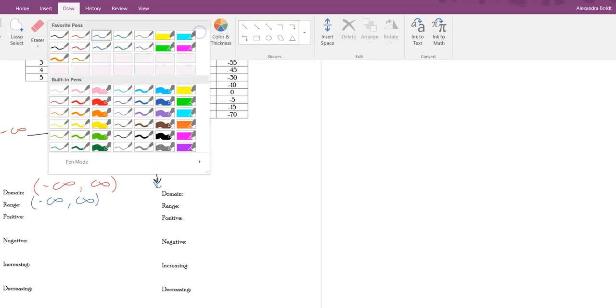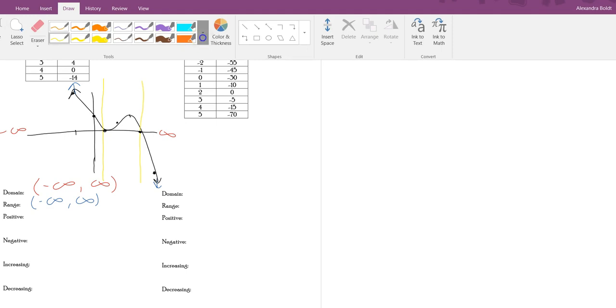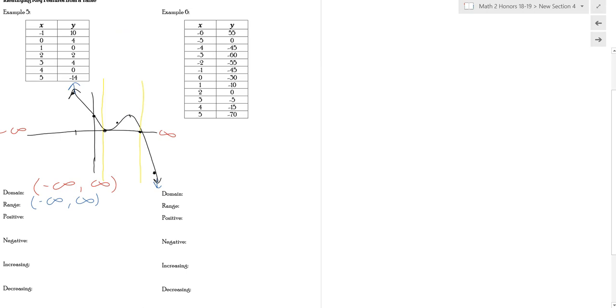Where is it positive? We need to draw lines through our x-intercepts. We have an x-intercept here and an x-intercept here. Okay. And then positive is above the x-axis, negative is below the x-axis. So starting from negative infinity to this line, this part is above the x-axis, so that's negative infinity until this line was at 1.